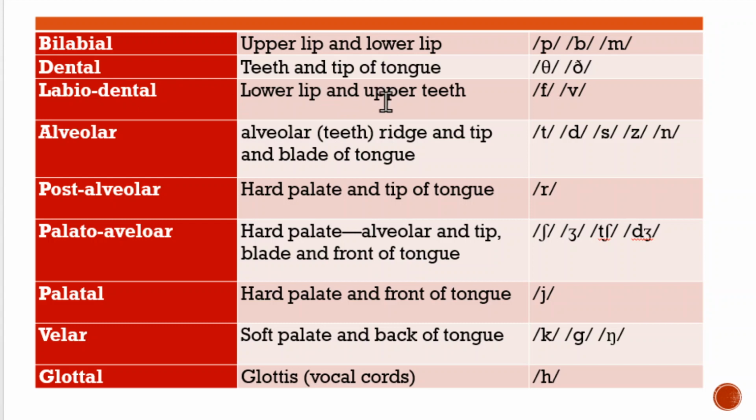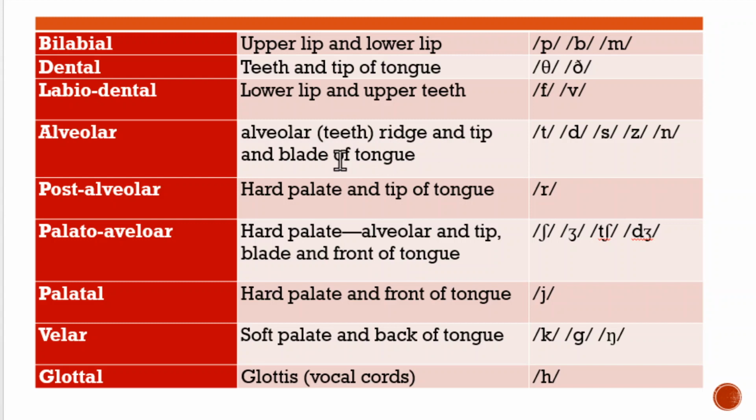Labiodental, again it is the lower lip. Labiodental is the lower lip against the upper teeth. V. It is the labium, the lower lip moving and touching the upper teeth. Dental is the tongue and the teeth. Labiodental is the lip and the teeth. Alveolar, as we said, it is the ridge part where the tongue touches the alveolar ridge.